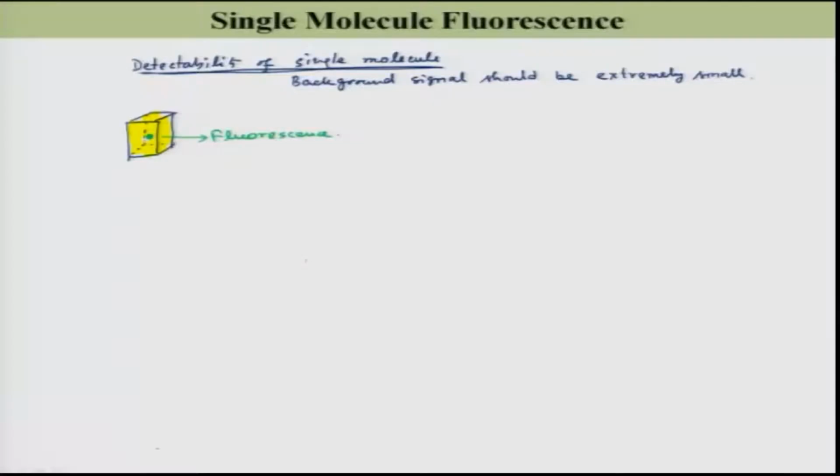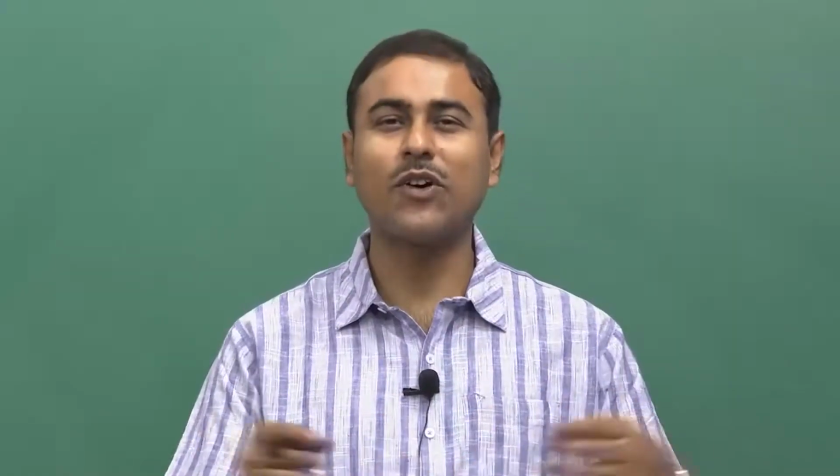There could be several sources for this background. Let us say, for example, impurity. If you have some impurity present, it will also emit a broad type of emission or scatter in that fluorescence wavelength region.